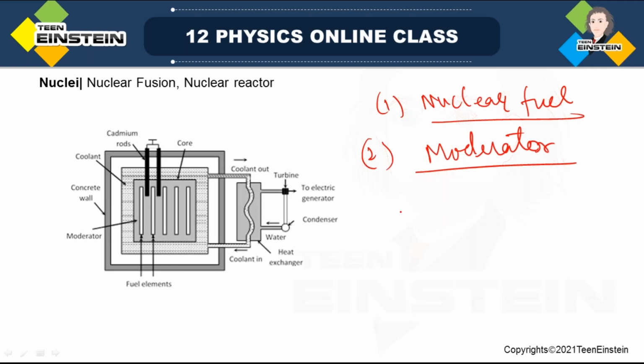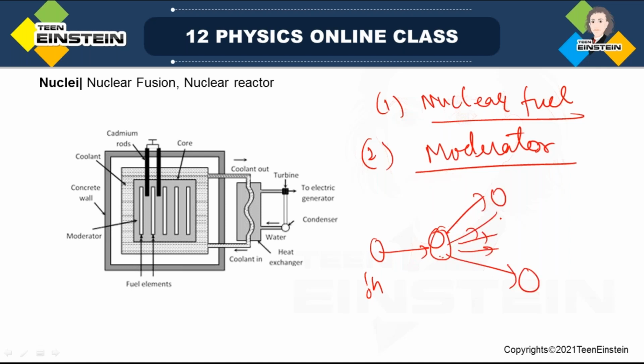Okay, so last day I had told you, suppose this is an energetic neutron that comes over here, so this will produce two daughters, because it is splitting, and there will be three neutrons.